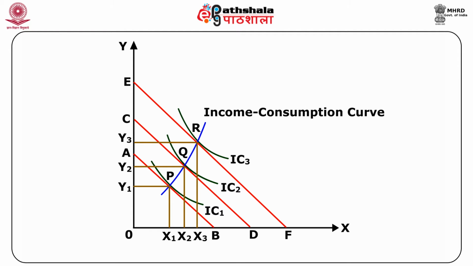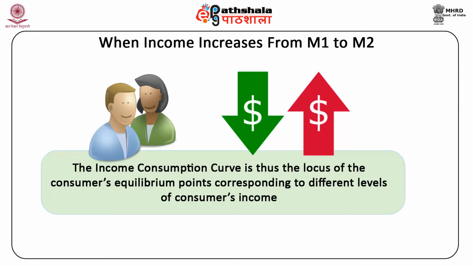If the successive consumer equilibrium points like P, Q and R corresponding to various levels of income are connected together, we obtain the income consumption curve, that is ICC. The income consumption curve is thus the locus of the consumer's equilibrium points corresponding to different levels of consumers' income.